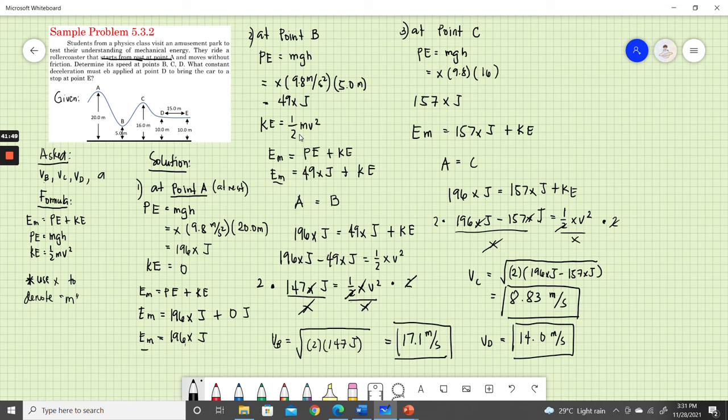The point of this is to show you that the energy is conserved. Your total energy at A should still be the total energy no matter where the point is, because the energy is conserved. Dito lang wala kang kinetic energy sa point A kasi you're at rest. You're at rest at point A, so you don't have any kinetic energy. You have zero kinetic energy. Everything is in potential energy.